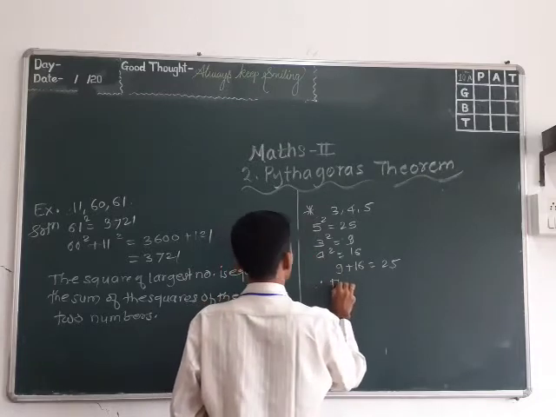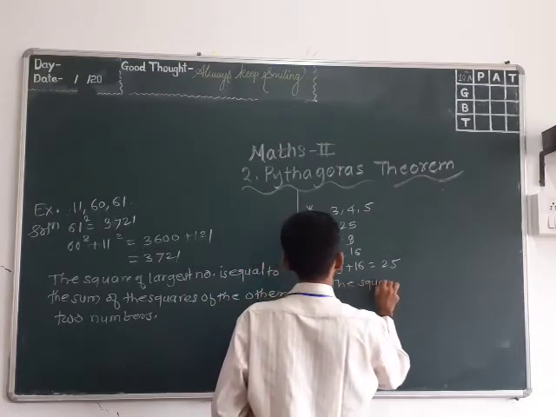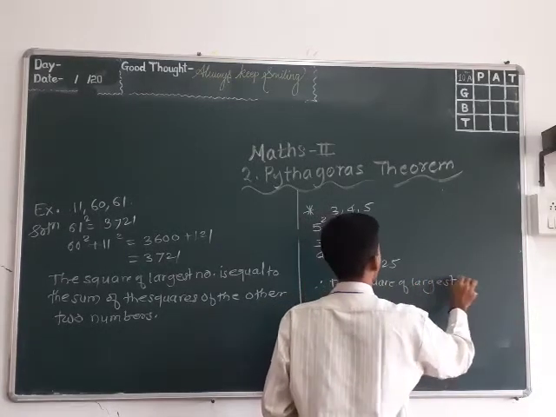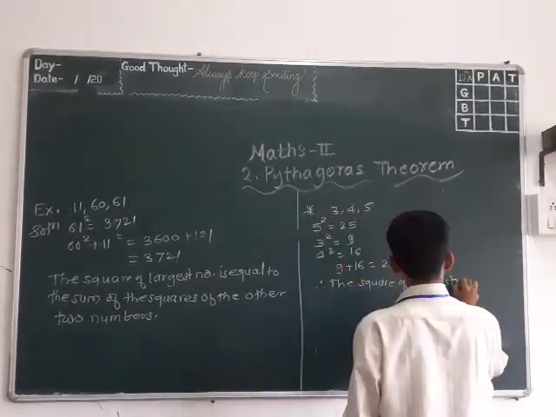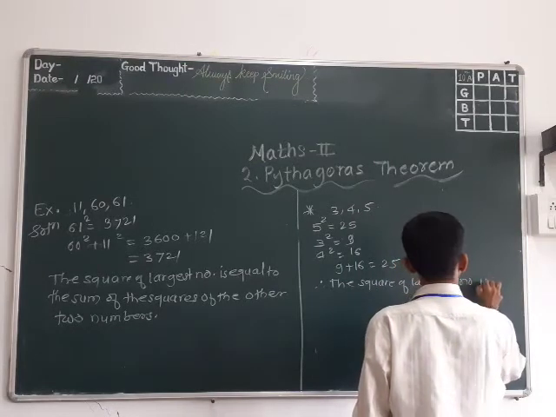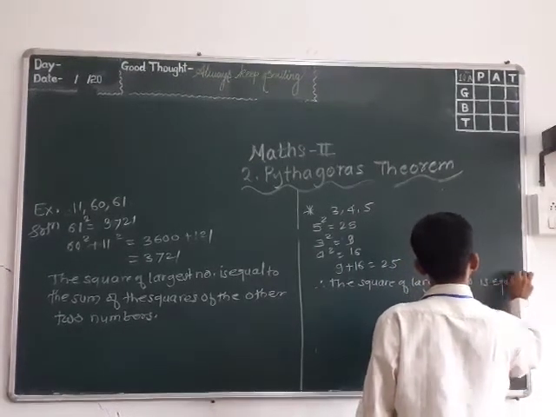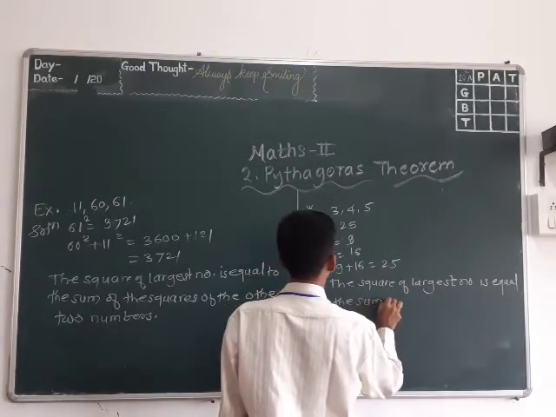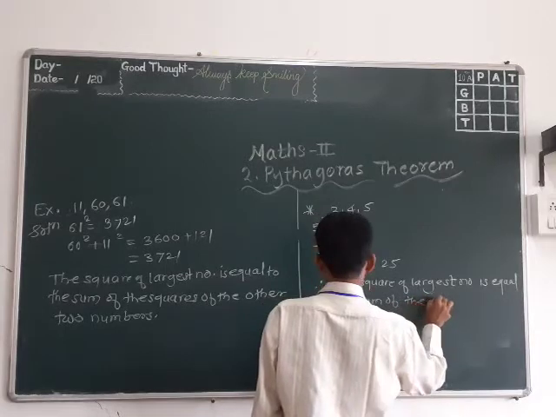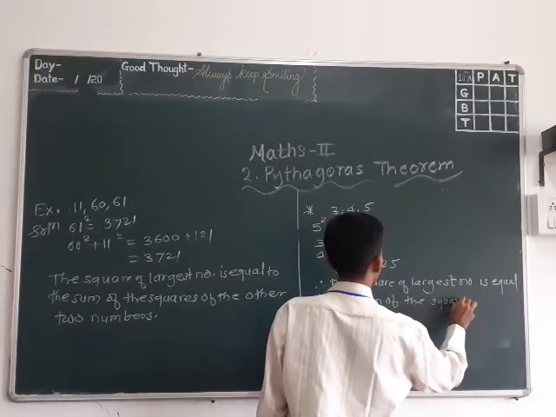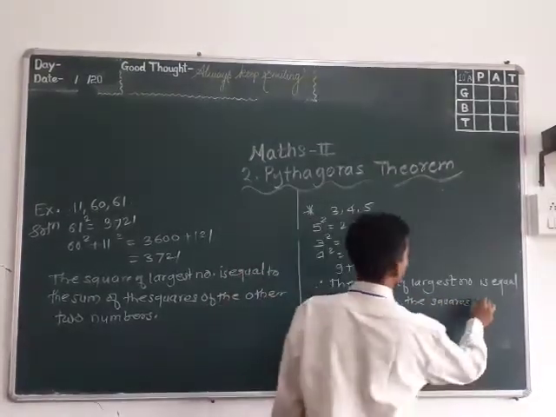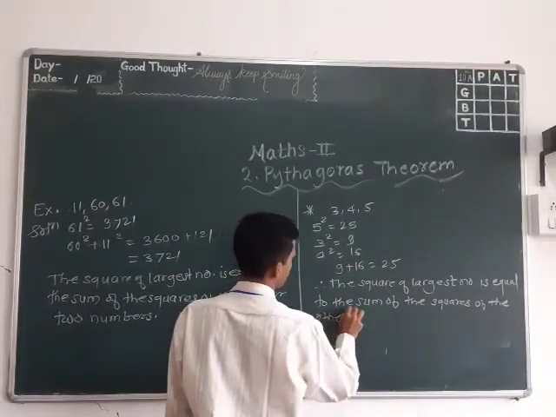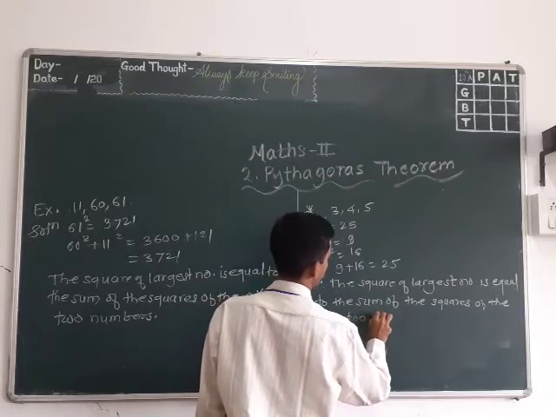Therefore, the square of the largest number is equal to the sum of the squares of the other two numbers.